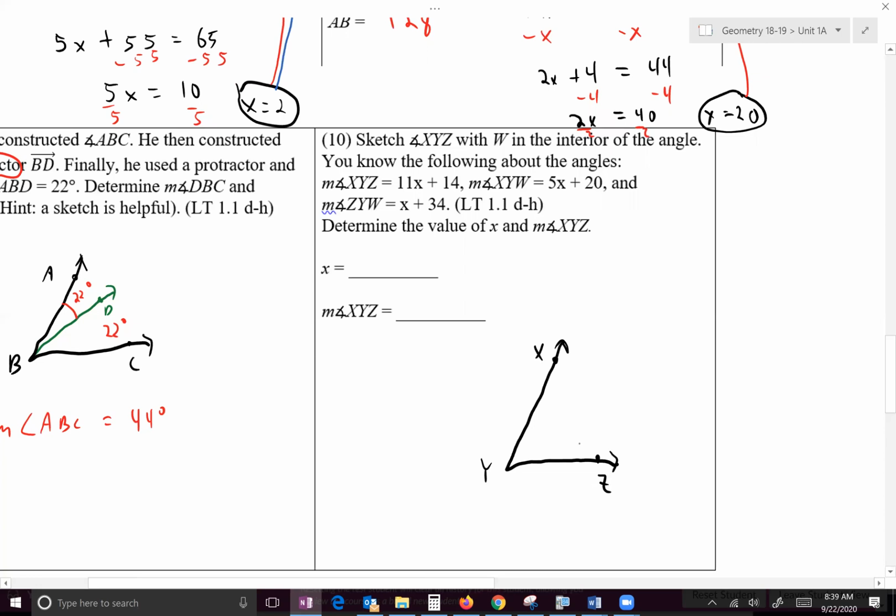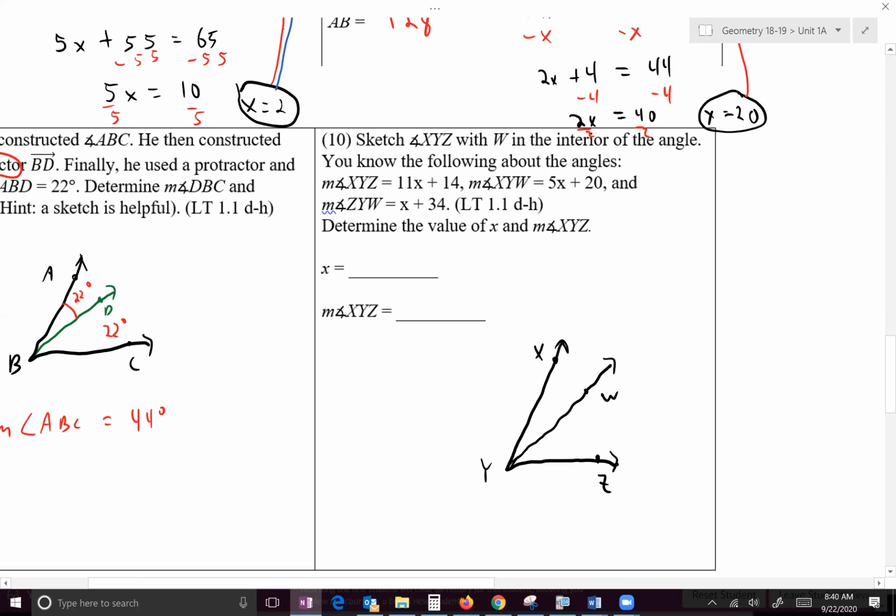There's X, Y, Z. And then we have W in the interior, so W is somewhere, there's W. And then what that's going to do is create a couple other angles. So I can sketch that out. So then I have XYW, and I've got ZYW as well.